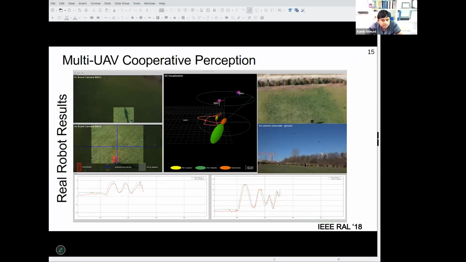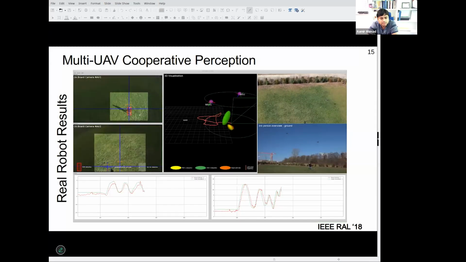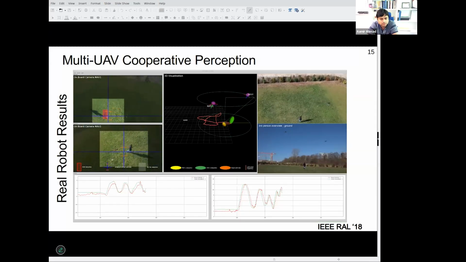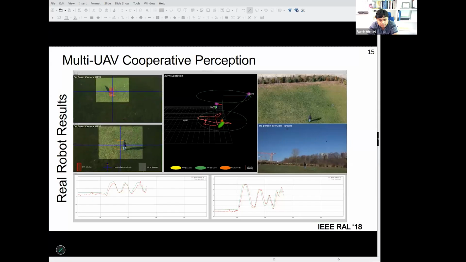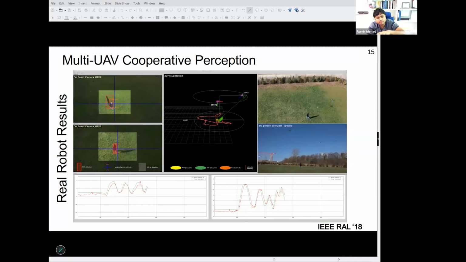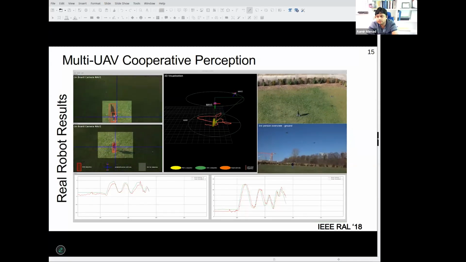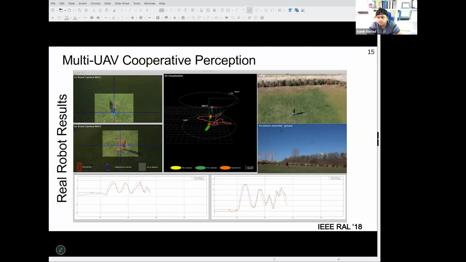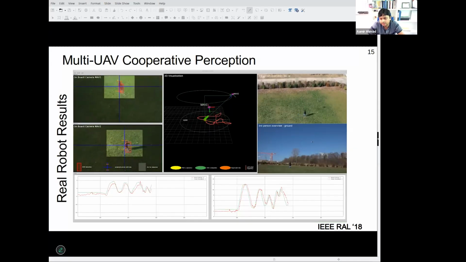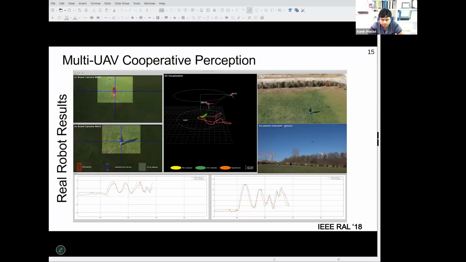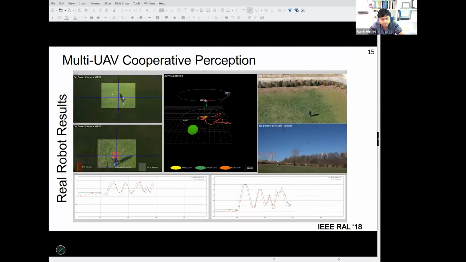What you see here is the person initially standing in place and then walking around the field. The UAVs follow by simply maintaining a certain distance and avoiding collisions with each other. And we show here how accurately we can track the position of the person in 3D coordinates.